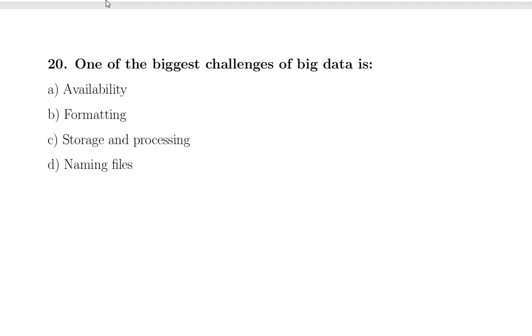Question number 20. One of the biggest challenges of big data is availability, formatting, storage and processing, or naming files. The big challenge is storage and processing, because the data is so big.